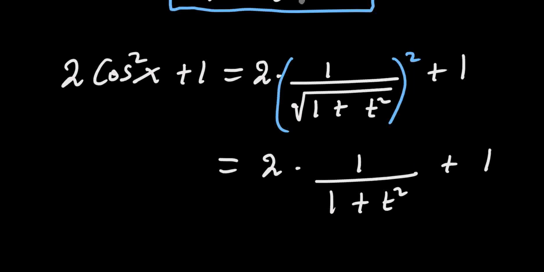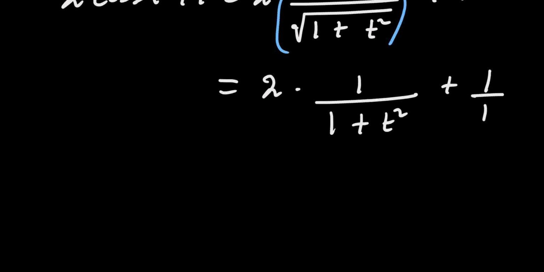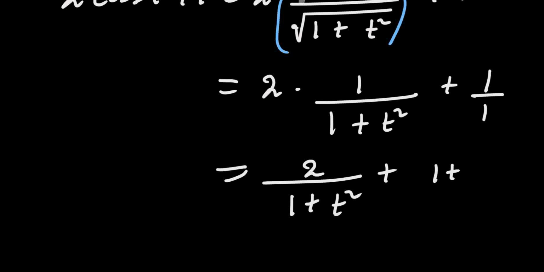So we can simply see this 1 as over 1. So we can now have 2 times 1 is 2 over 1 plus t squared plus, so the common denominator would be 1 plus t squared, so we can simply multiply by the common denominator, which is now 1 plus t squared over 1 plus t squared.